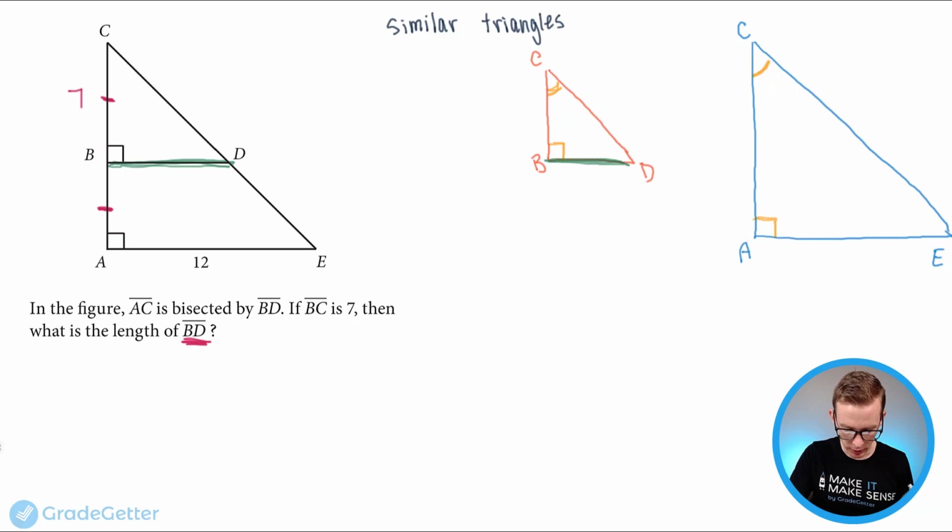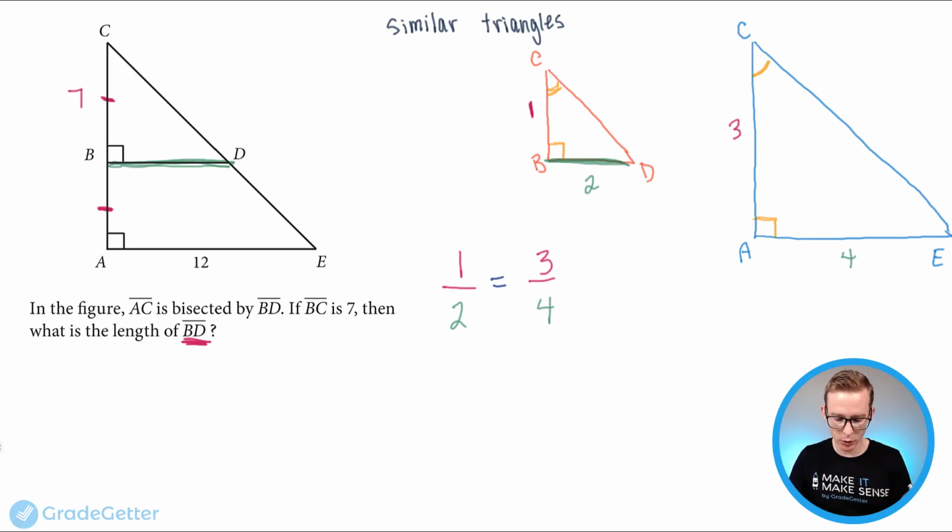Just another way of thinking about it would be if we call this side 1 and this side 2, the proportion of side 1 to side 2 is going to equal the same ratio of the corresponding sides on our large triangle. So I'll call this side 3 and this side 4. So that's going to equal the ratio of the same sides on our big triangle.